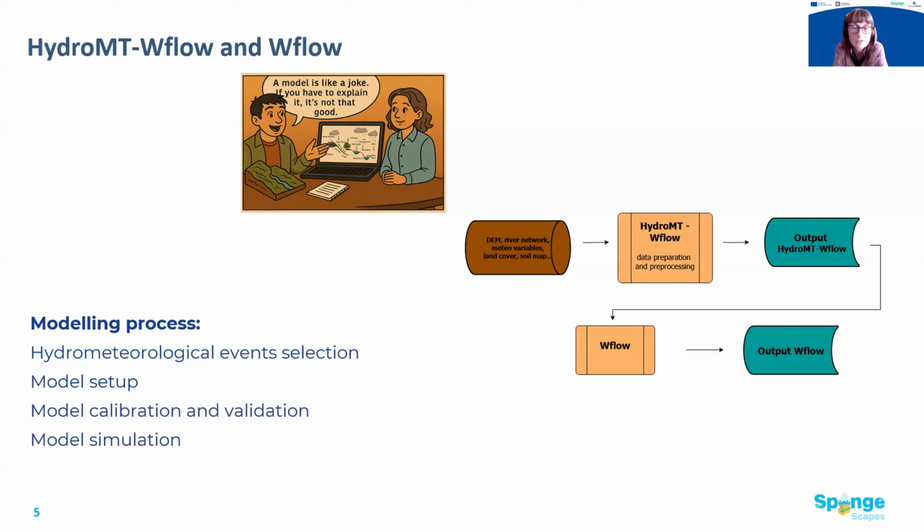Now the modeling process, as already mentioned, we always start with selection of relevant hydrometeorological events. Then we have to set up the model. Then this is followed by the joy of calibration and validation. And at the end, we perform some simulations to evaluate our sponge measures.